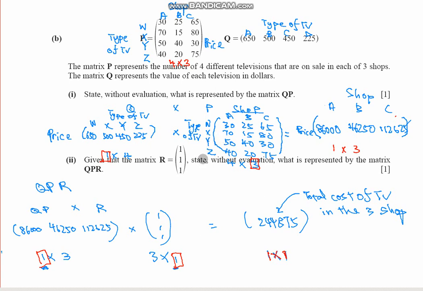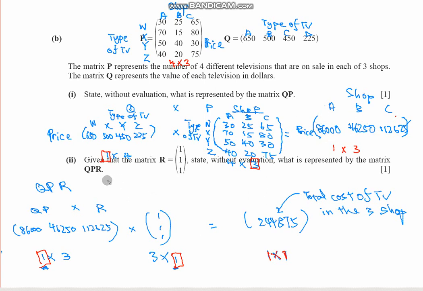So it's so important that you use the orders of the matrices to determine the resultant matrix. After that, you take the heading of the row from the first matrix and put it here, and take the heading of the column and put it over here. This is the description of the resultant matrix.